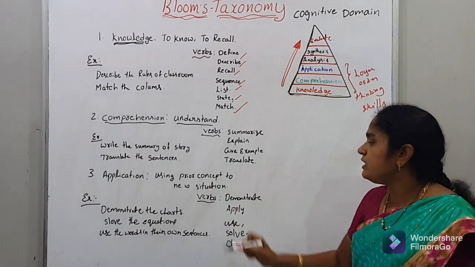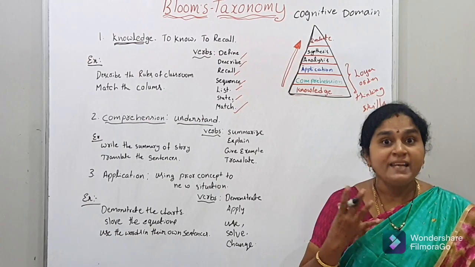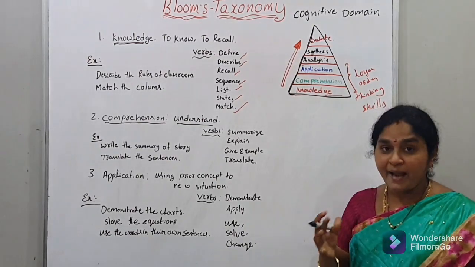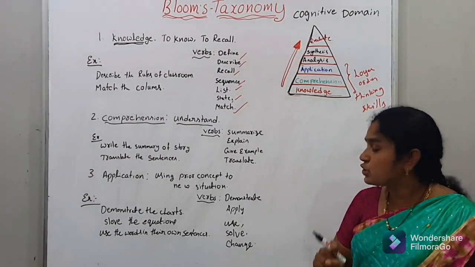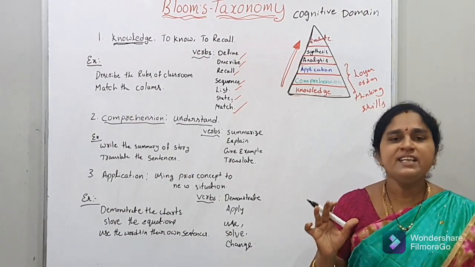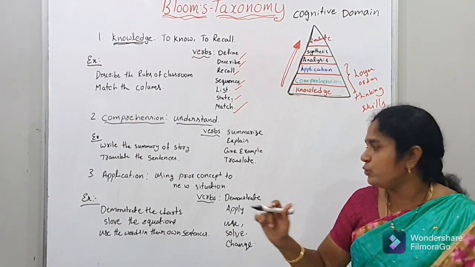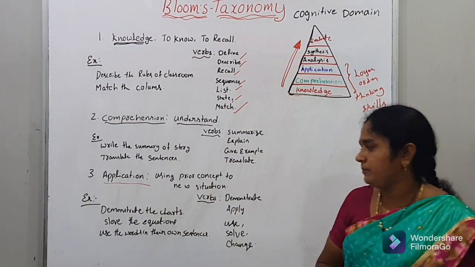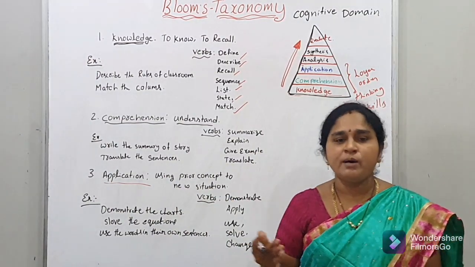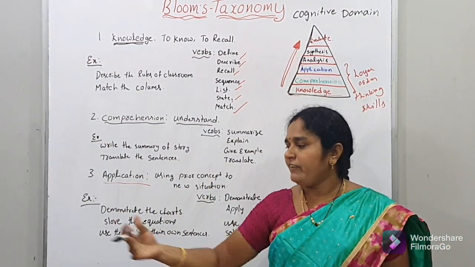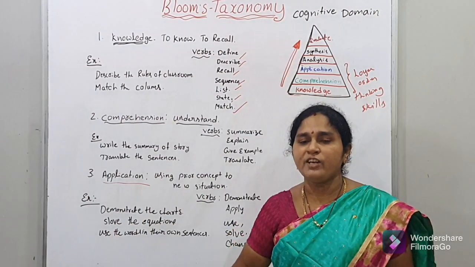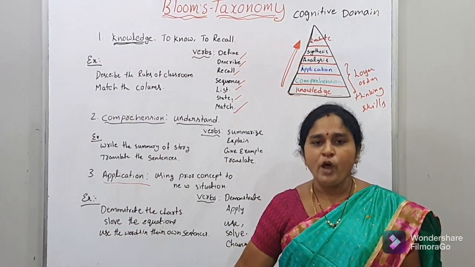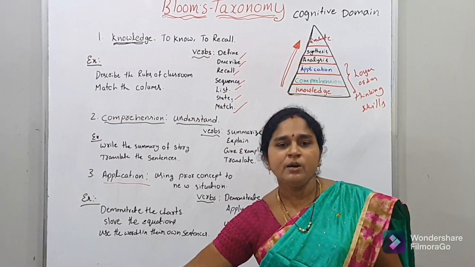Here we are using verbs, that is demonstrate or apply, use, solve, change. These are the verbs we use in application. Demonstrate the model. If a student comes to know about a model, you can demonstrate the chart.